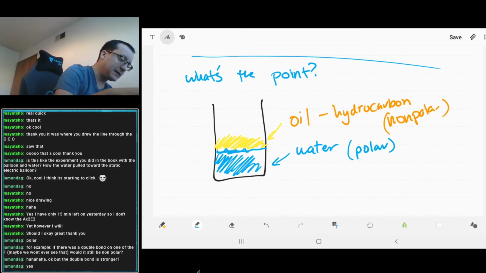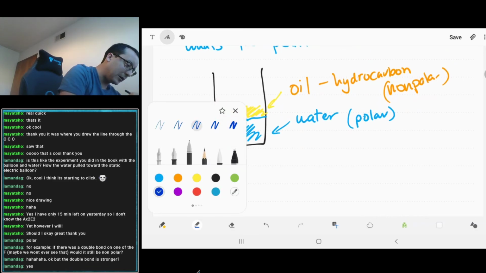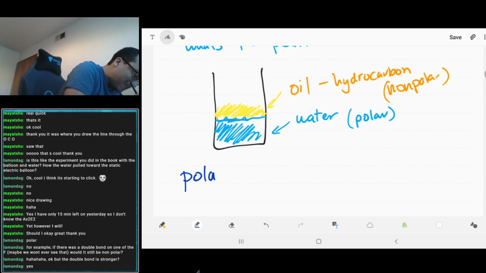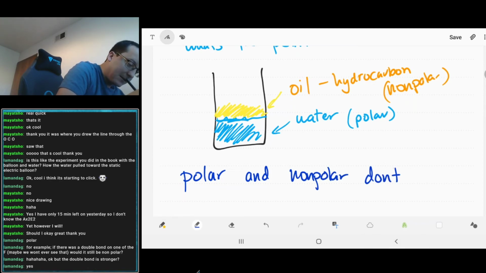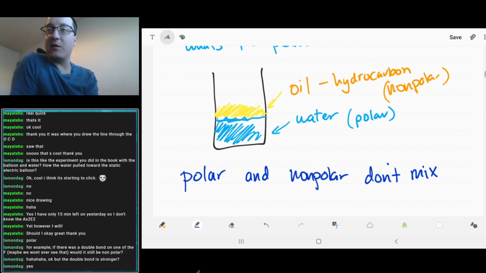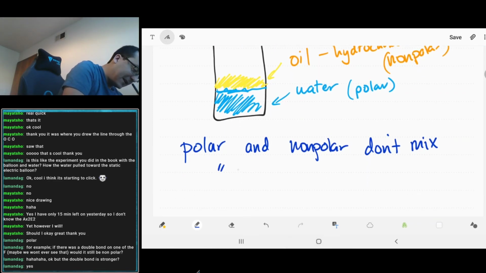And so using our basic cooking skills or observation skills, these do not mix. Nonpolar stuff will want to be with nonpolar stuff. Polar stuff wants to be with polar stuff. So we have this idea of like dissolves like.